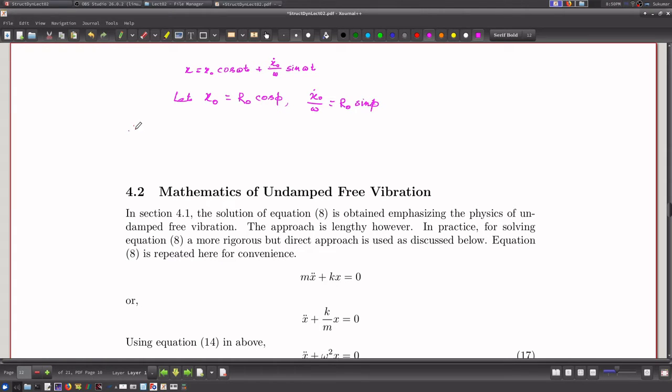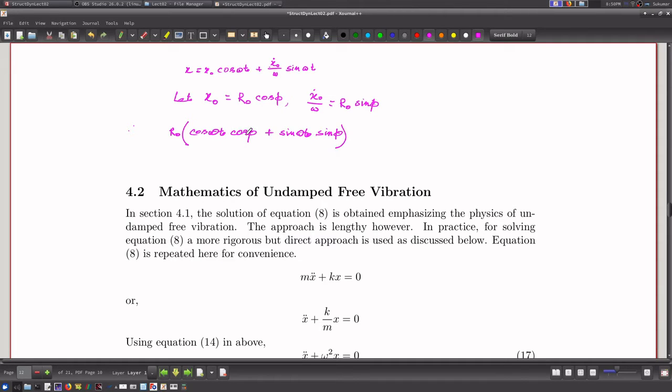So therefore my original equation will become r naught times cos omega t cos phi plus sin omega t sin phi, right?